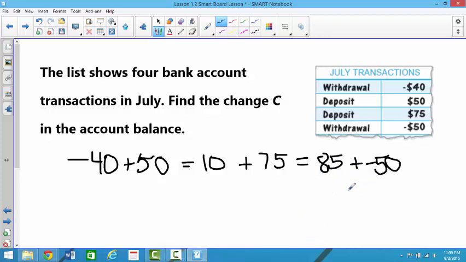Signs are different, so we're actually going to subtract. 85 is larger, so 85 minus 50 is going to be 35. And since 85 is larger, our answer is going to be positive, and we need to put that dollar sign there because we have to attend to precision and it's money. So our answer is $35.